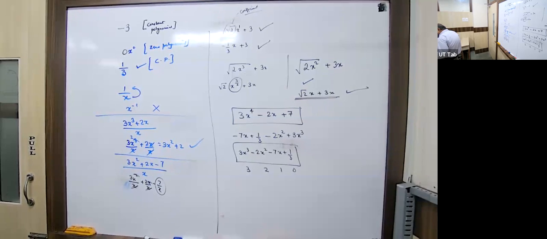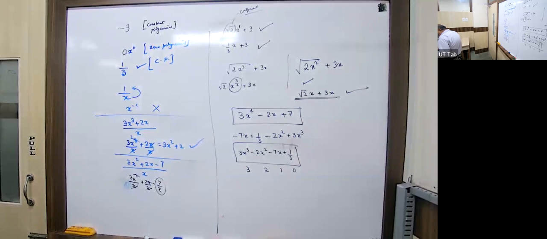So look at these examples from the next page, example 2.1. First one, how many zeros? 1. Second one, third one, next one, next one, next one, 4.